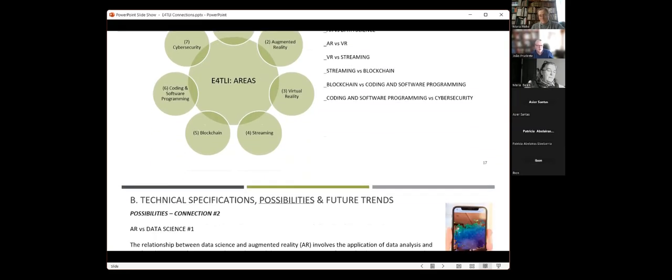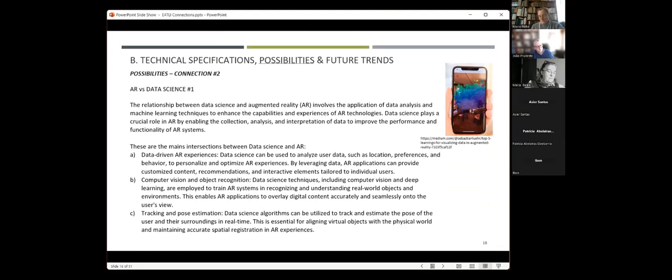Okay, so we already know that data science is important to AR. We can present things in the space or with different elements.